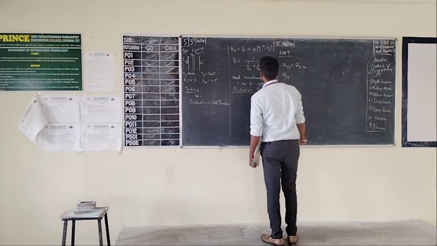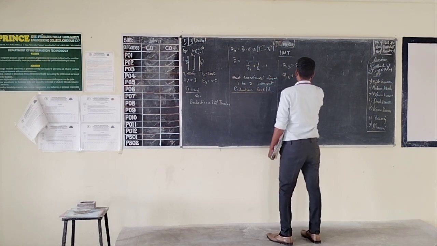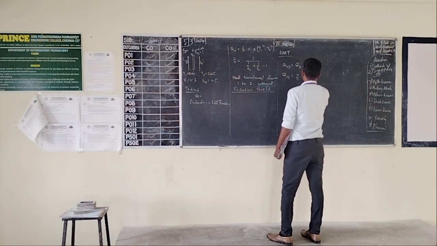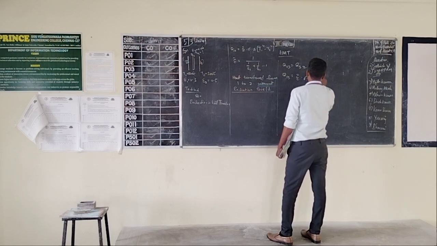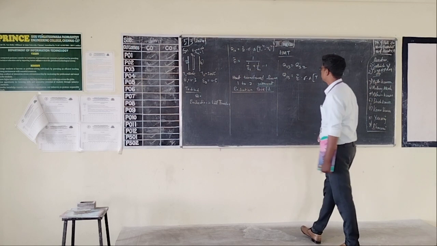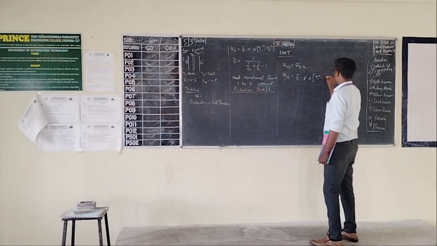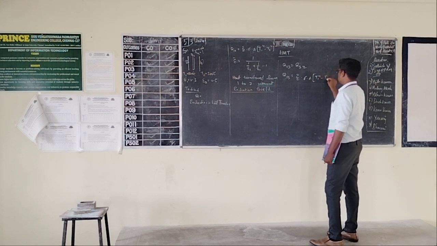Now with the shield, Q13 equal to, what is the formula here? T1 power 4 minus T3 power 4. Very good.